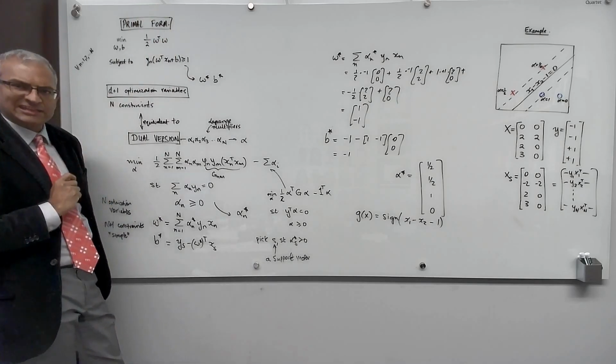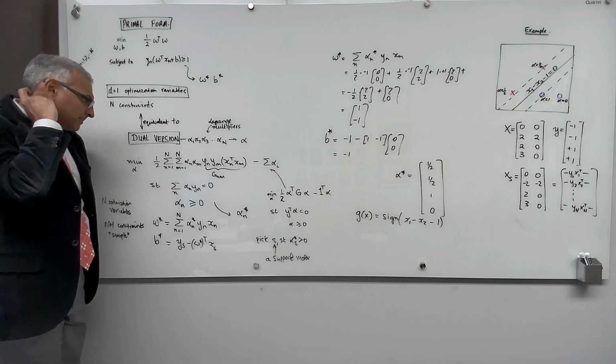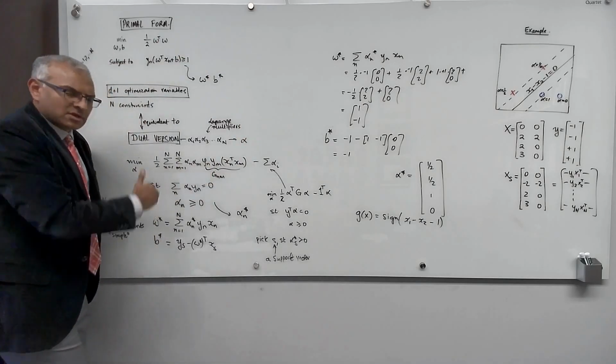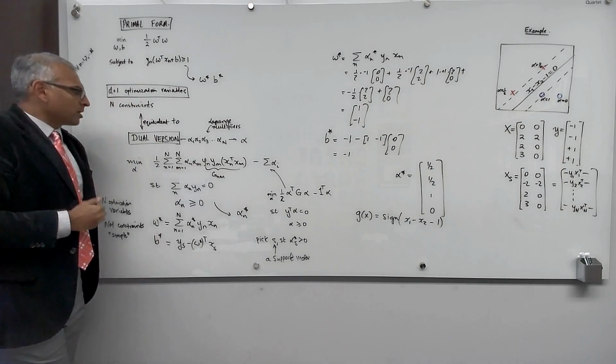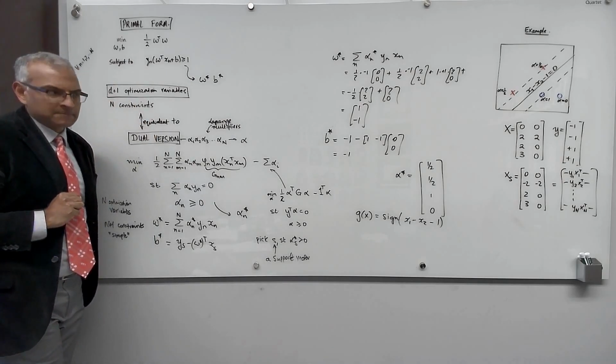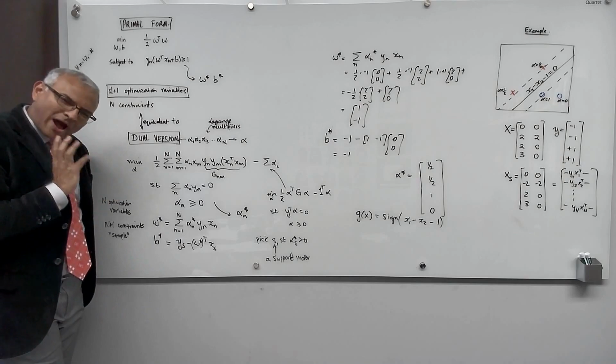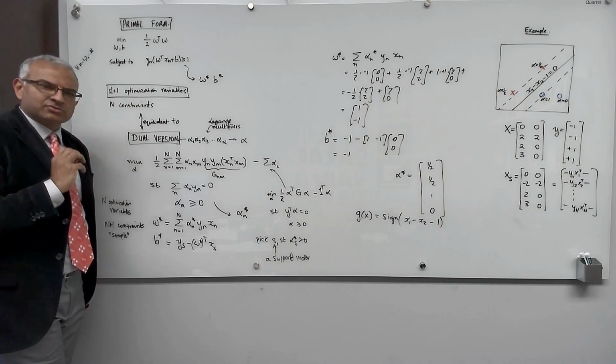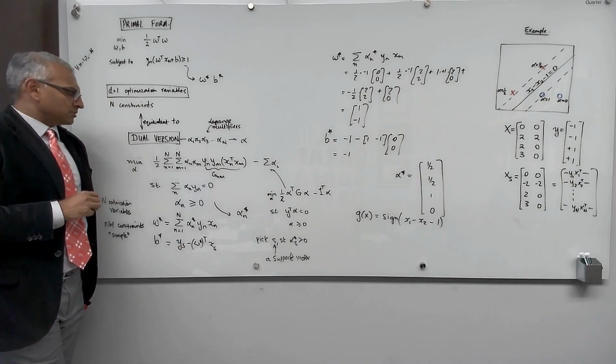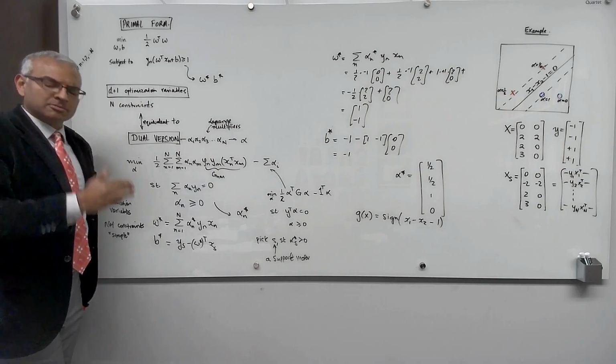Convince yourself with this small example. Just do it by hand. That essentially is the algorithm for solving the optimal hyperplane problem in the dual version. Now I'm going to erase and show you why this is magical, why this is relevant to being able to run the nonlinear transform in infinite dimensional spaces.